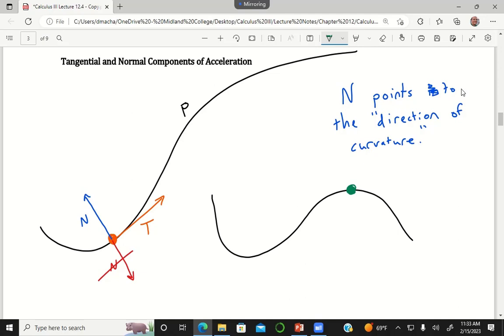It should be pointing down. It's in the direction that the curve is curving. And if I put a green point right here, what about for this new green point? It should be pointing up, yeah. If this is the principal unit normal vector, then it's pointing in the direction that your curve is curving.